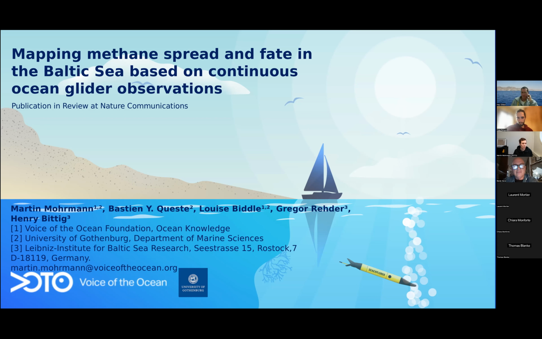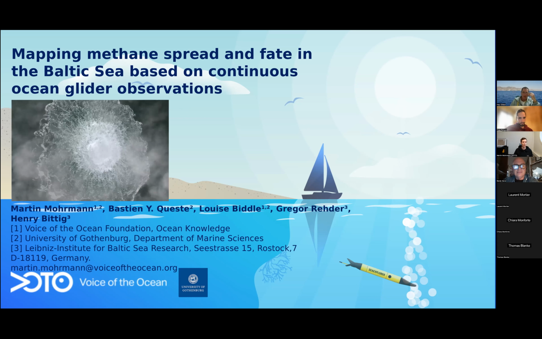I'm sure many of you remember the Nord Stream sabotage, at least from the media and the surface of the Baltic Sea. It looked something like this: a lot of natural gas bubbling through the surface of the Baltic Sea with a diameter of several hundred meters, and of course this added some pollution to the Baltic Sea.